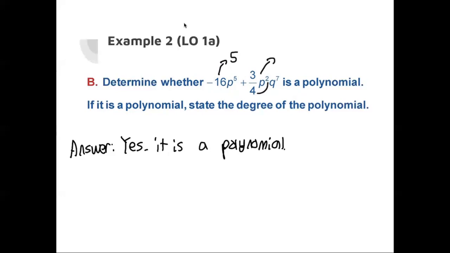Oh, there's a mixture of two variables. The first variable has a degree of 2. The second variable has a degree of 7, right? In this case, we're adding them. We're adding the two exponents. So it's 9. What is bigger, 5 or 9? 9 is bigger, right? So we're saying that the degree of this polynomial is 9.